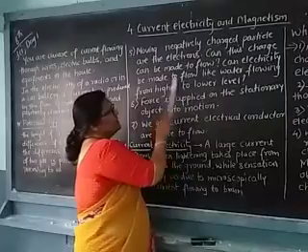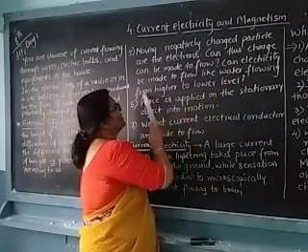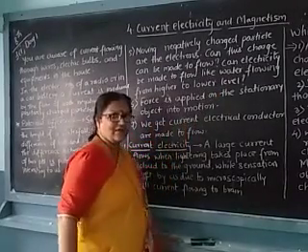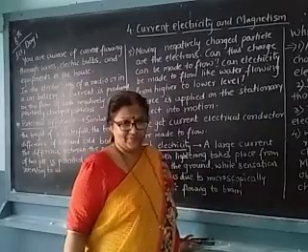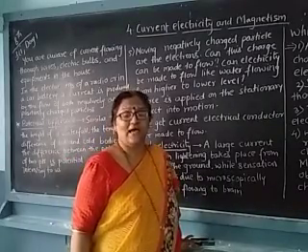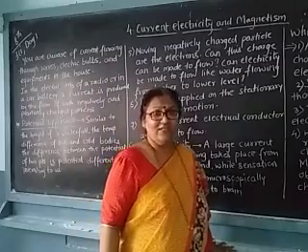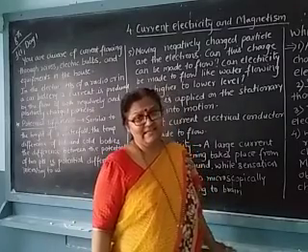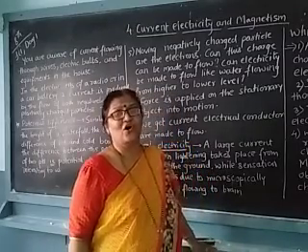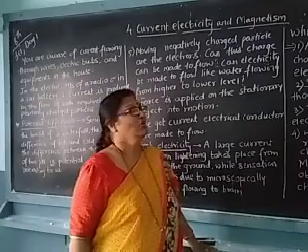Can electricity be made to flow like water flowing from a higher to a lower level? Whenever you see, water flows from a higher level to a lower level. Similarly, can electricity flow from a higher level to a lower level?